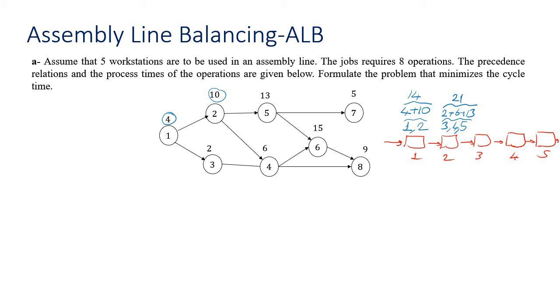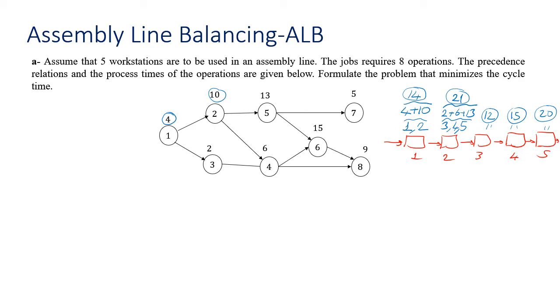Similarly, you continue to assign the operations to all these workstations. At the end, let's assume that 14 is the first workstation's time, 21 is the second workstation's time, 12 is the third one, 15 is the fourth one, and 20 is the last one. These are the total times of the workstations.